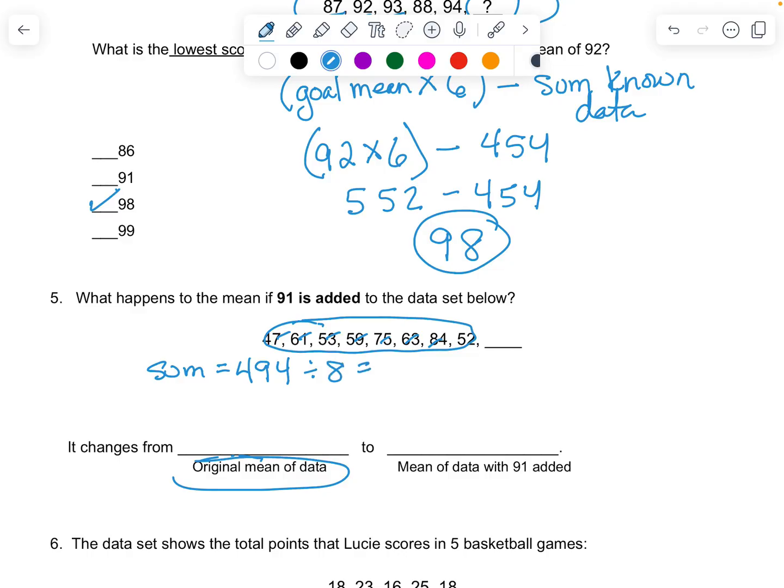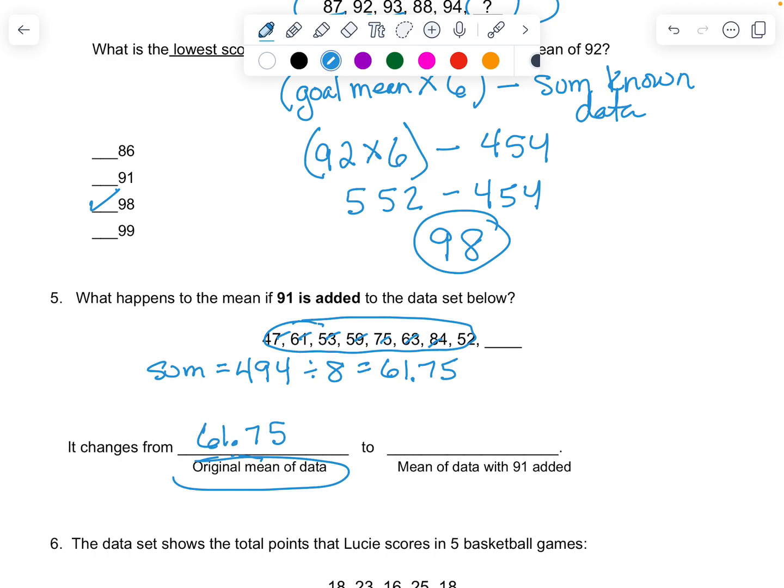So divide by 8, and you would have gotten 61.75. It did not say how to round it, so I took 61.75. I took 61.8. I even took 62 because it didn't indicate that on the test. I'm just going to put 61 and 75 hundredths down right now.